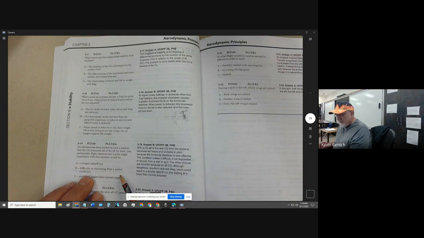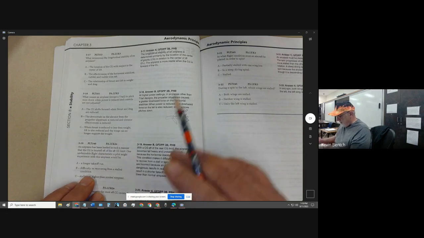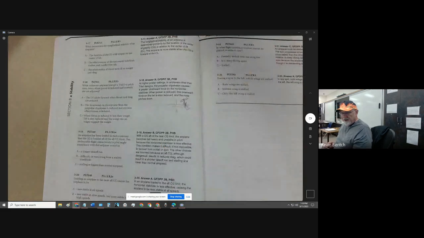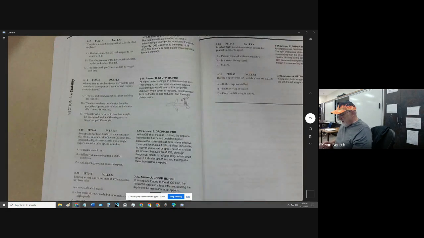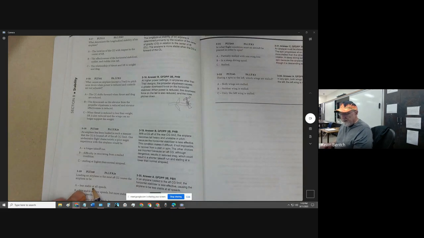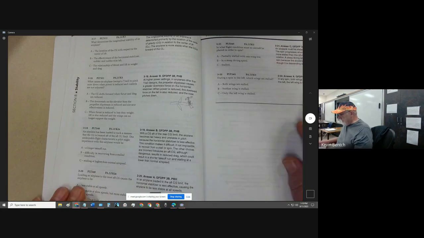You try it, and it doesn't work. You don't have enough power to overcome the stall, which means you're going to have a bad day. Okay, so 3-20, loading an airplane to the most aft CG causes the airplane to be A, less stable at all speeds. It's not as stable. It's harder to control. Things don't work the way you expect.